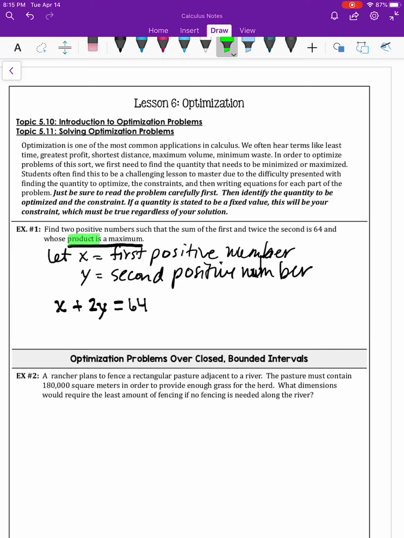Okay, this is not going to be the equation that we're taking the derivative of because they're asking for whose product is a maximum. So when you see the product is a maximum, you know that you're going to be maximizing the product equation. So whose product, which would be x times y, is a maximum.